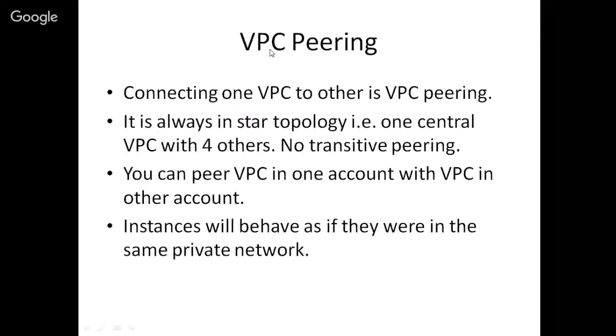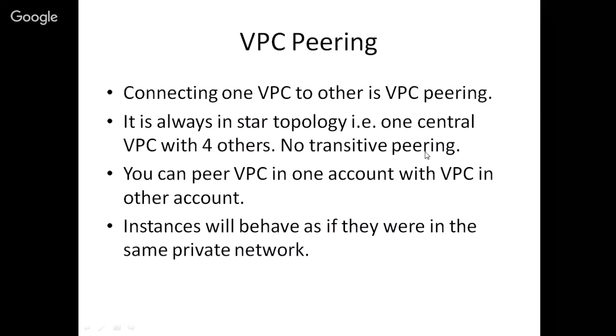Next is about VPC connection. If we have two or more VPCs, connecting those VPCs is called VPC peering. One VPC to other VPCs is always in a star topology, one central VPC with four others, or you can say two others.